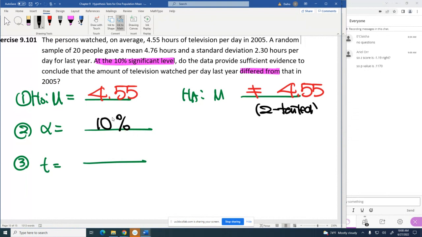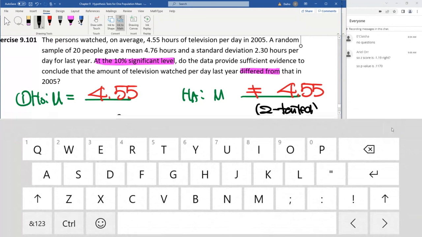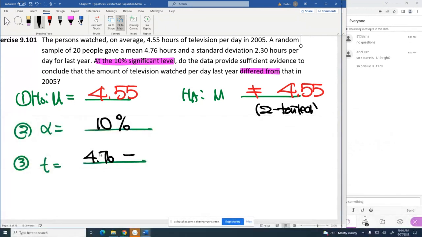Then now I have to plug in 4.76 for the sample mean, and the initial setting, the unknown population mean, was 4.55. And can you see the sample standard deviation? Here is the standard deviation. Absolutely it was from the sample, right? With the sample mean 4.76. So the standard deviation 2.30 must be s, the sample standard deviation.